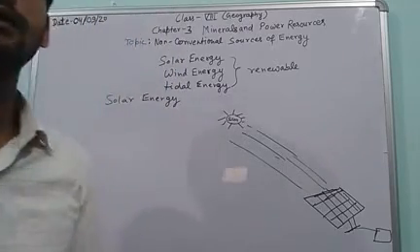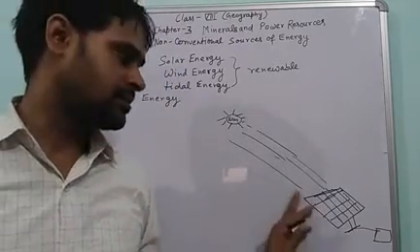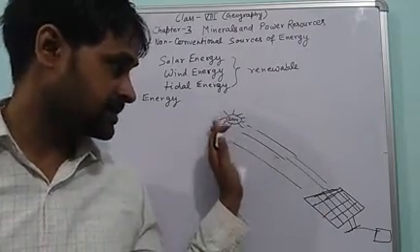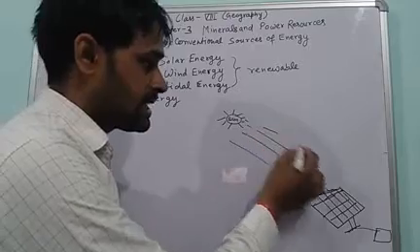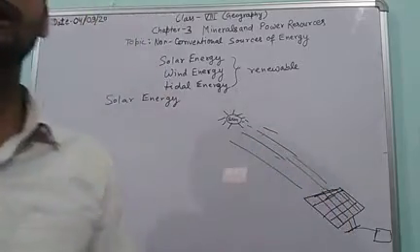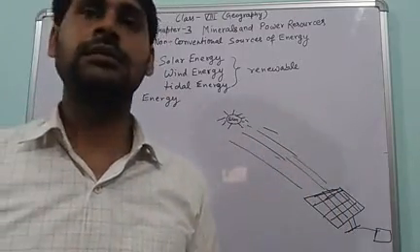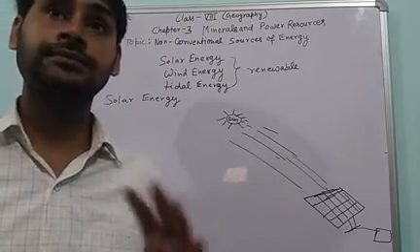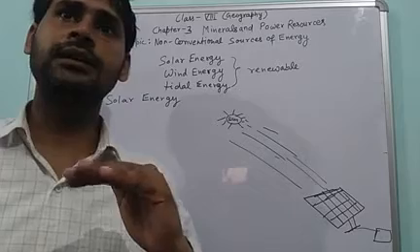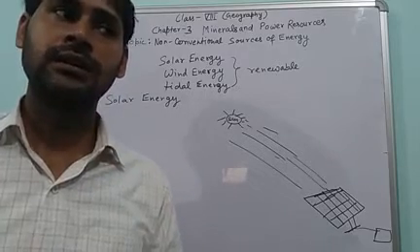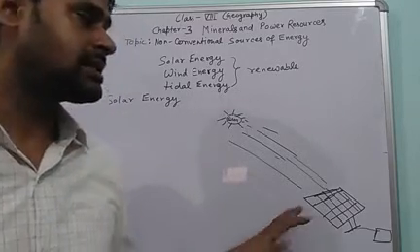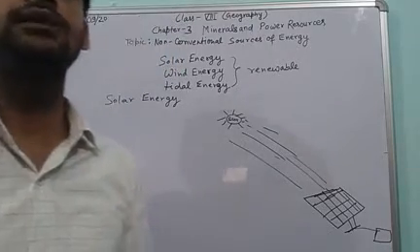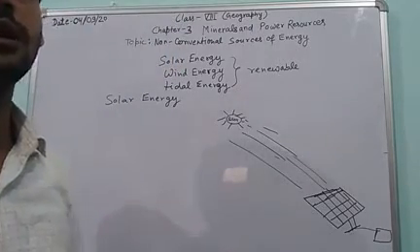So in that way we are joining the solar panels, and sunlight is reaching the solar panel, and it is generating electricity. That electricity is used for lighting purposes and heating purposes.